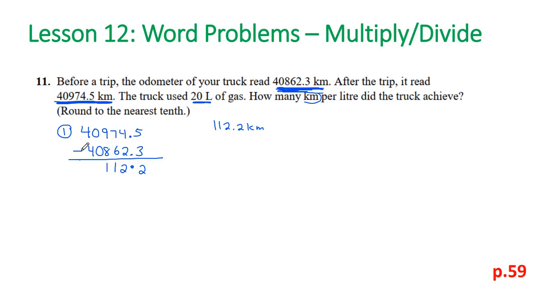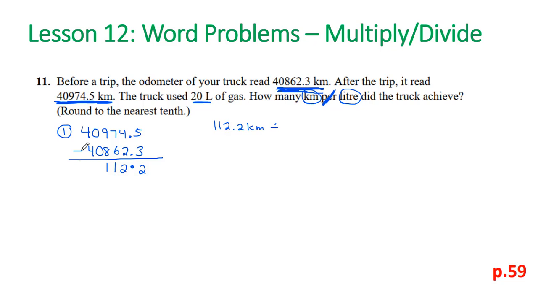So the question says, how many kilometers per liter did the truck achieve? So we want to know kilometers per liter. So we can take the 112 and we can divide it by the 20 liters to get down to 1 liter.